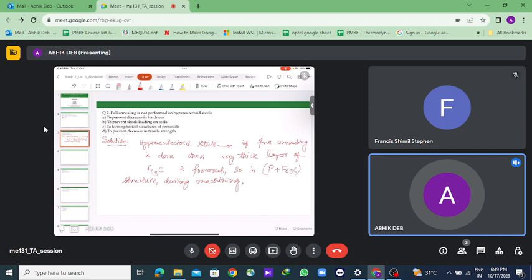That is to reduce the effect of strain hardening. Okay, so the process annealing is done to reduce the effect of strain hardening, and stress relieving is done to relieve the residual stresses. Okay, so I hope these two are clear to you.